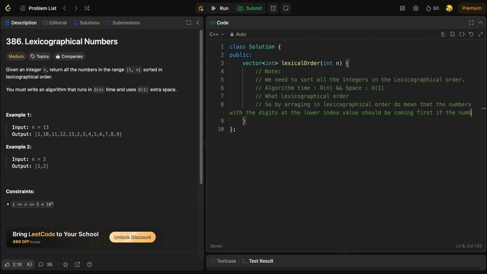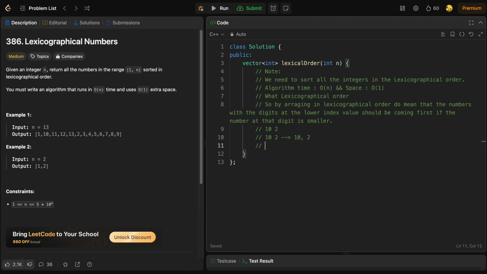If I want to find the lexicographical sorting of 10 and 2, then 10 comes first, followed by 2, because index-wise, 1 is at the 0th index, 2 is also at the 0th index, and 1 is less than 2. No matter what the next digit is, as 1 is less than 2, 10 comes first and is followed by 2. This is the same as dictionary order, right?